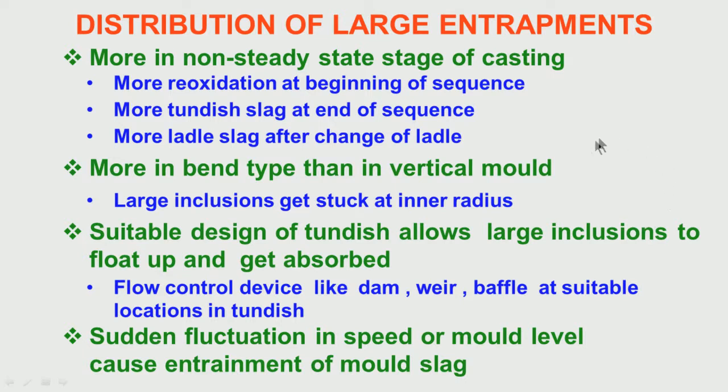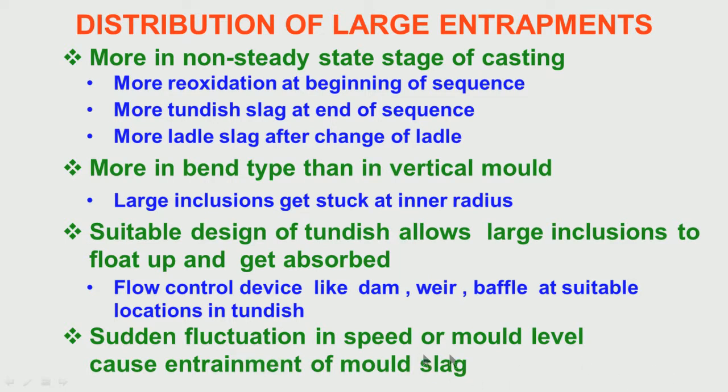During the high residence time they can float up and get absorbed by the slag. This is very important. So, flow control devices like dam, weir and baffle at suitable locations of the tundish are important. The refractory property of the tundish and of the ladle is very important, so that they do not disintegrate and get entrapped in liquid steel.